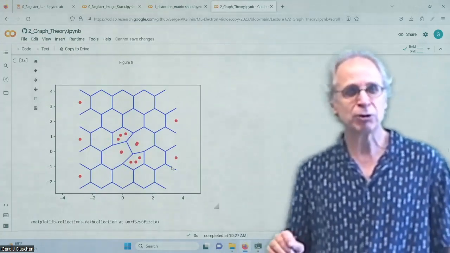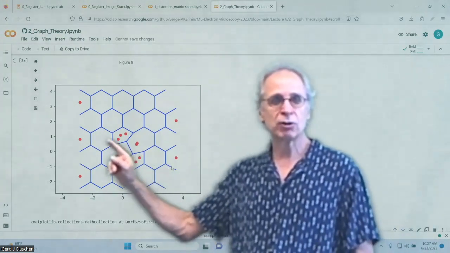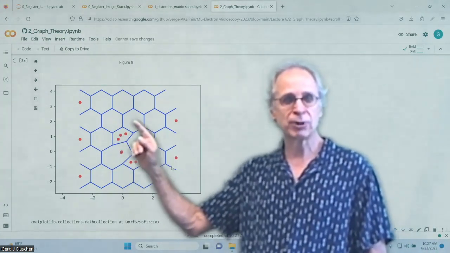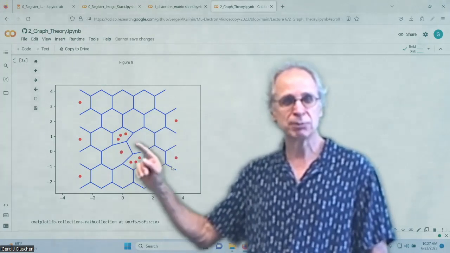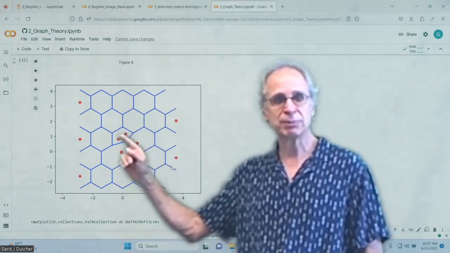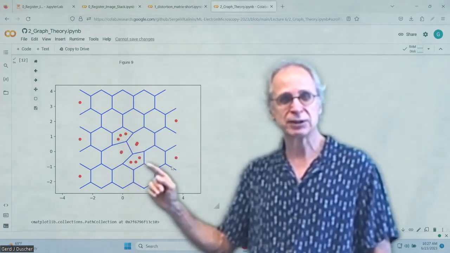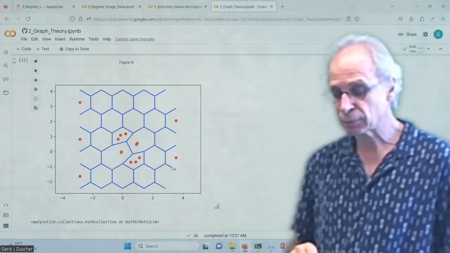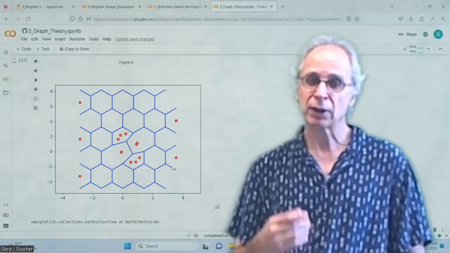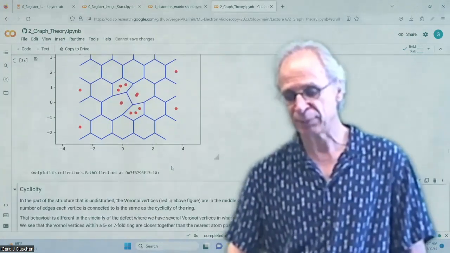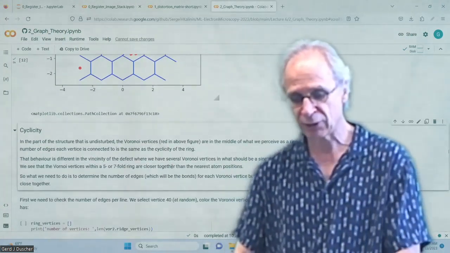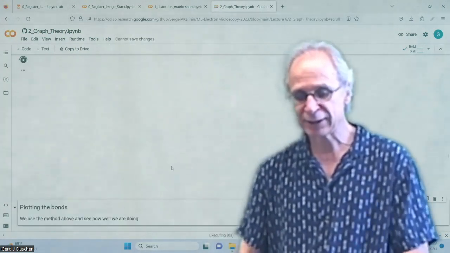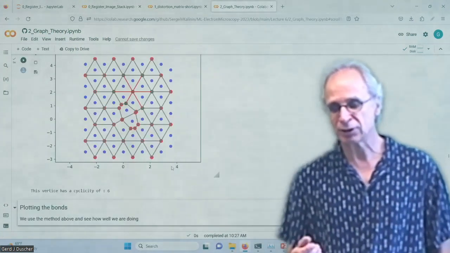And so what did we really do? We looked at all the vertices; where we have only one, we don't plot them, but where we have several of them, we plot them, and then this is the center of our ring, and this ring is then colored depending on how many vertices it has. So the cyclicity is just the number of vertices around there.